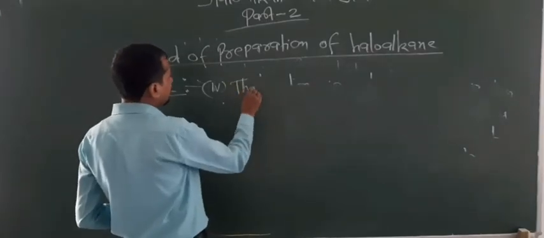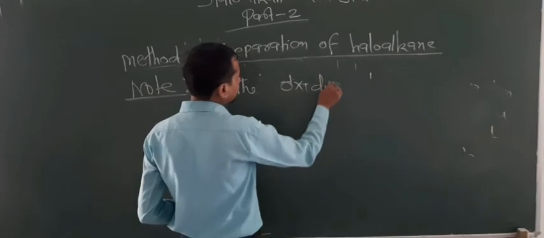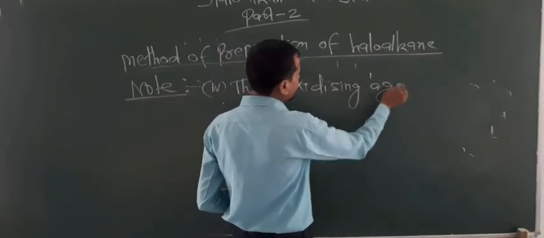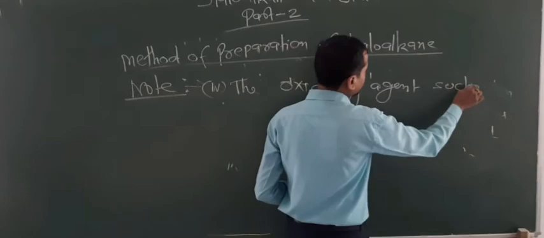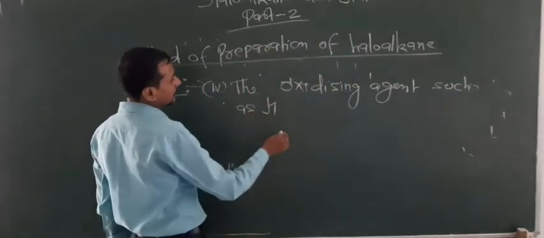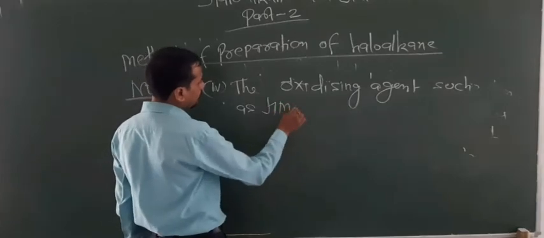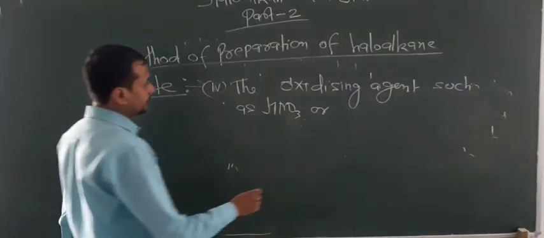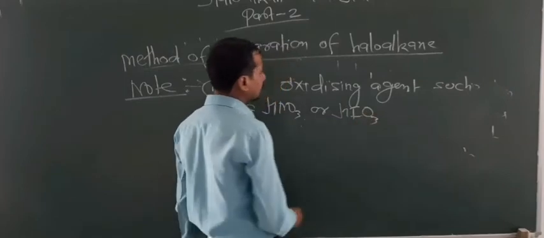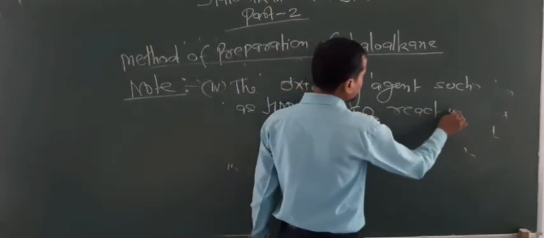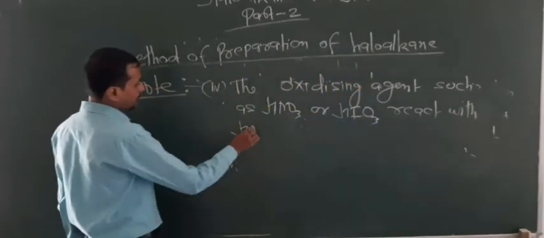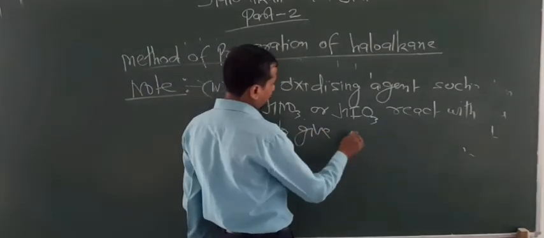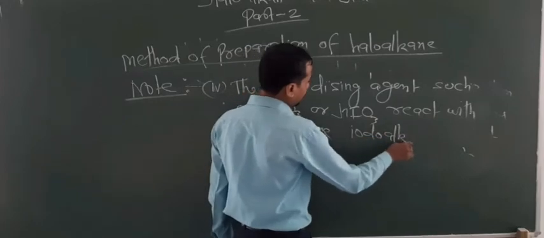The oxidizing agent such as HNO3 or HIO3 reacts with HI to give iodoalkane.